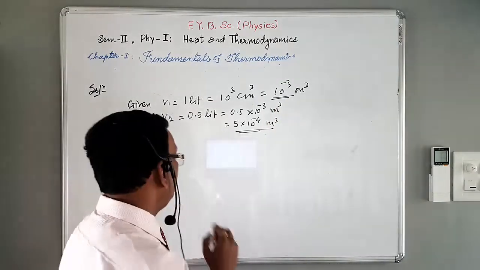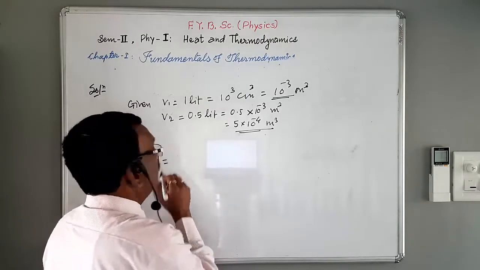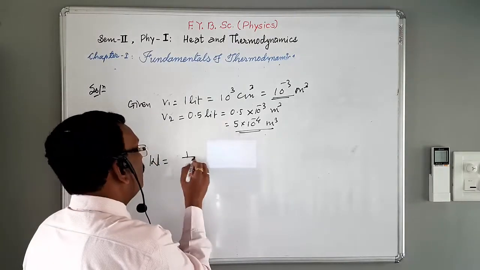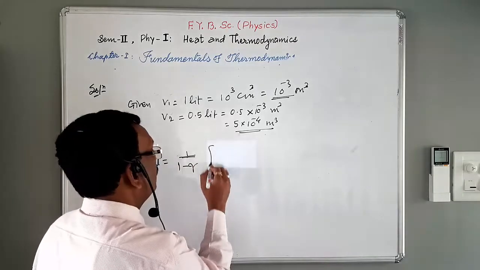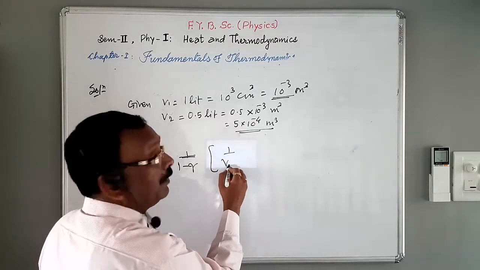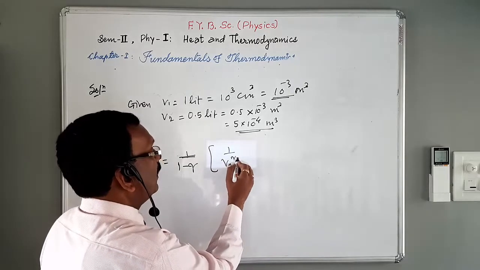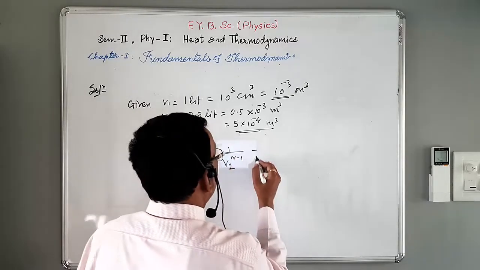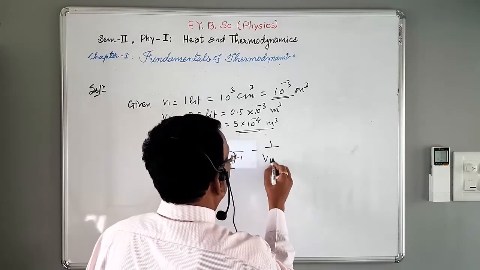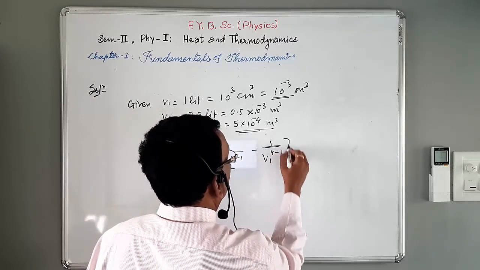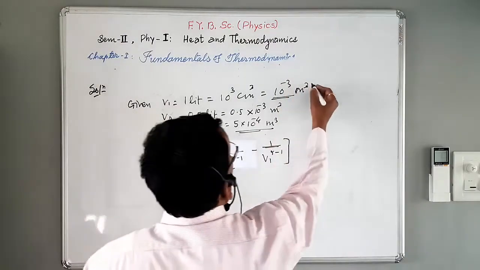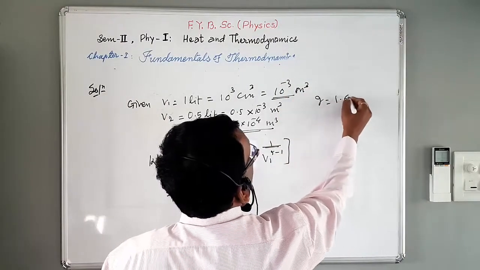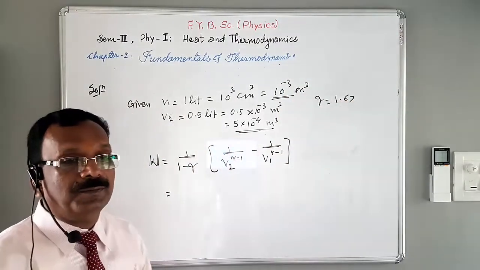For adiabatic compression, we have work done equal to 1 upon 1 minus gamma into [1 upon V2 raised to gamma minus 1 minus 1 upon V1 raised to gamma minus 1]. So substitute here, gamma is given 1.67 in this problem.